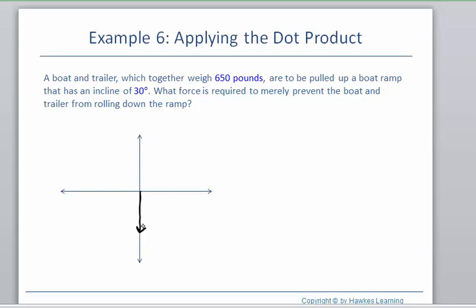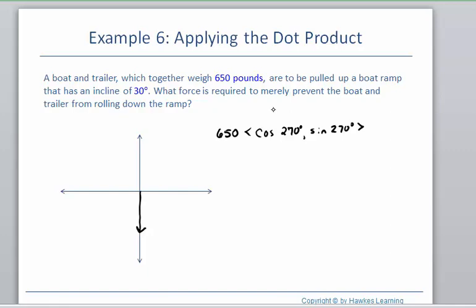All right, so let's write a vector representation for what is happening for that vector. Now that one is quite easy. Remember that we're going to look at the cosine of our angle. So our angle here is going to be 270 degrees, and the sine of our angle, and we're going to multiply that by the force or the magnitude, which is going to be 650.